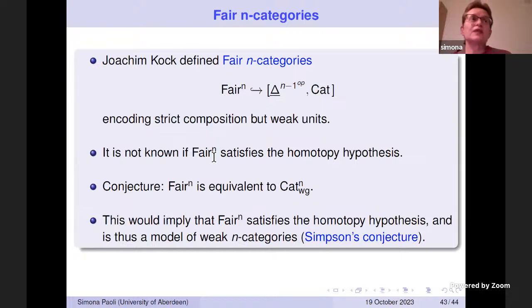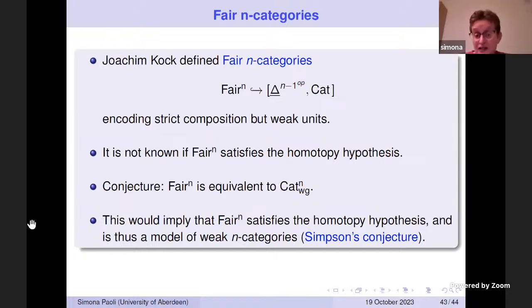When Kock wrote his paper, he conjectured that fair n-categories should be a model of weakened categories, as a form of what is sometimes called the Simpson weak units conjecture. Simpson conjectured that it should be enough for higher category theory to study structures where everything is strictly associative except the unit laws. But the conjecture is still open.